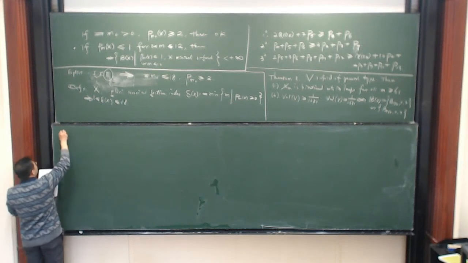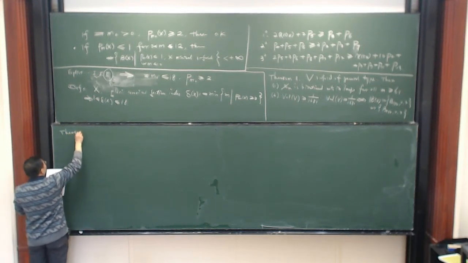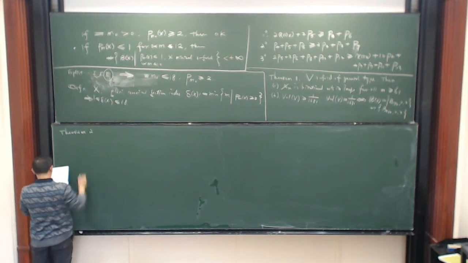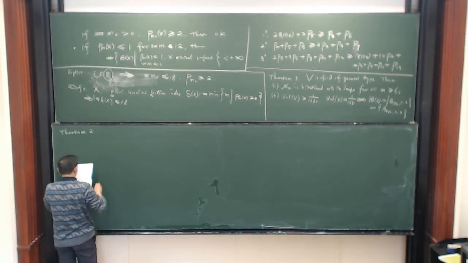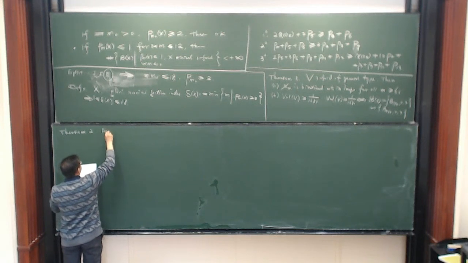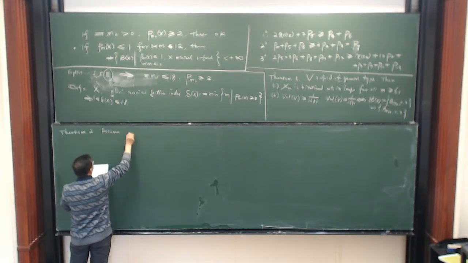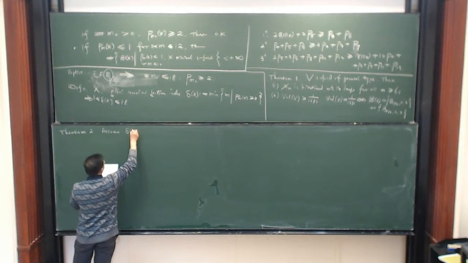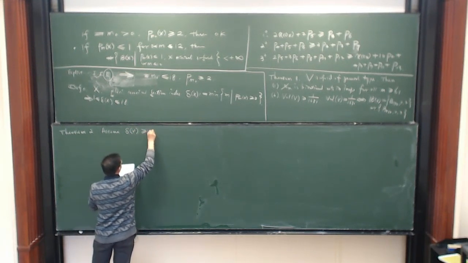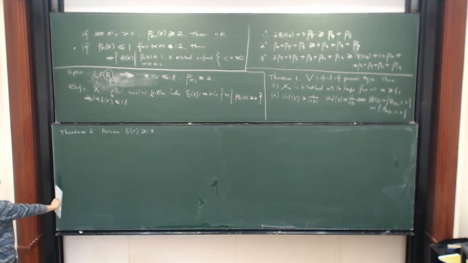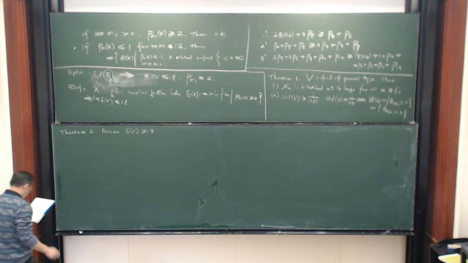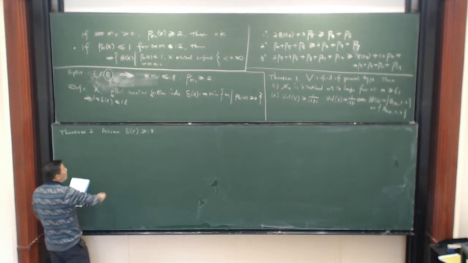So the second theorem is that if we assume the pluricanonical section index is larger than 13, then it's possible to list all the properties.